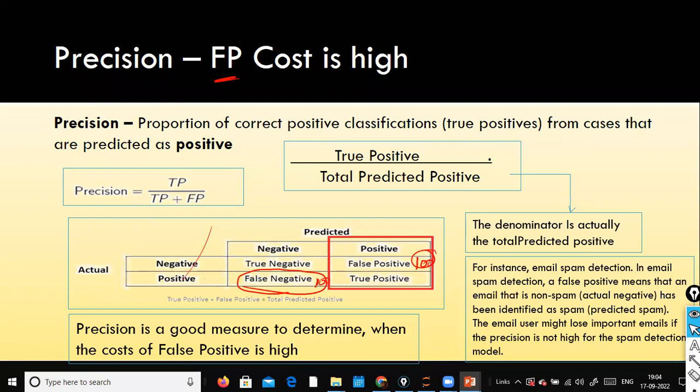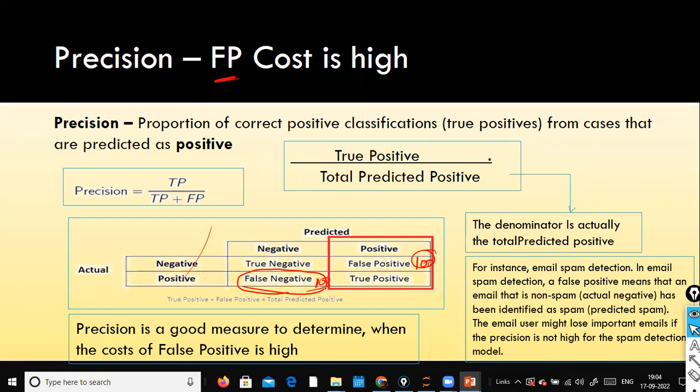If 100 people were wrongly misclassified by your model as false negative, these people will die. At least if they go for therapy, they might survive.